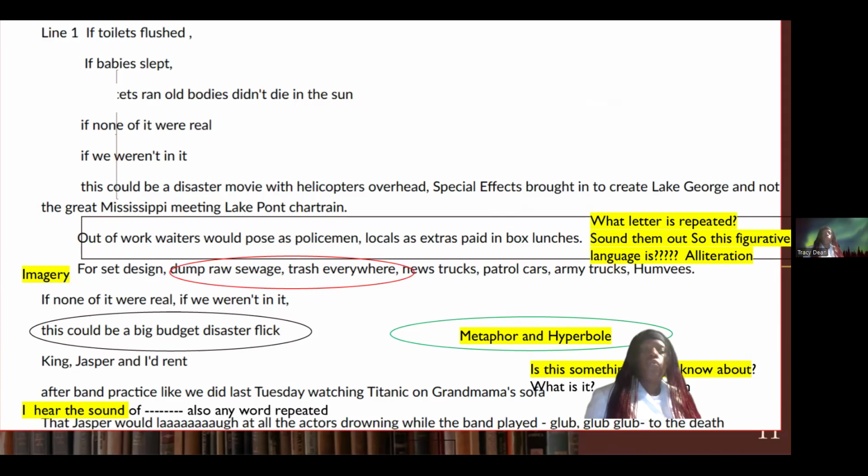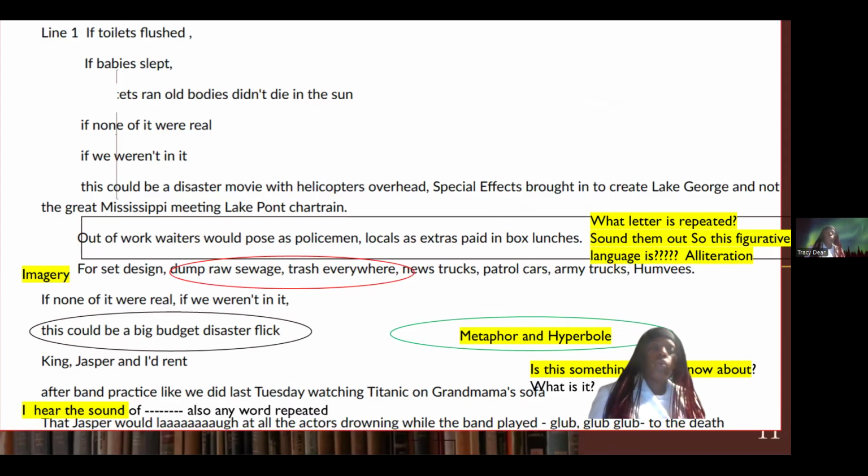Now, "out of work, waiters would pose as policemen." Dean says, look for something that is repeated. It's repeated there. And word. I'm looking for the sound.